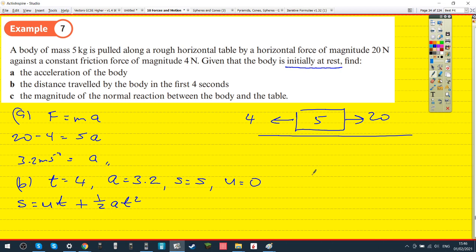And so now I just need to do s is equal to half times 3.2 times 4 squared. Yep.